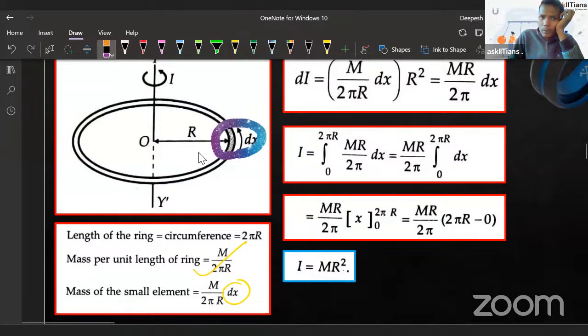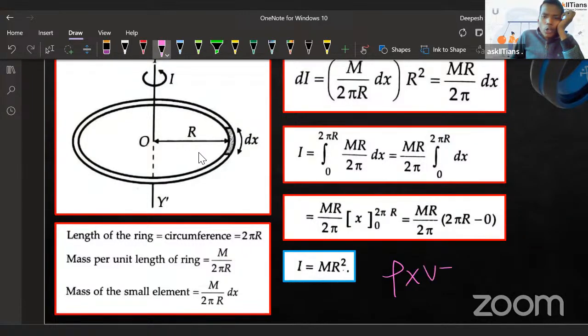Why? Just like density times volume gives mass, here it behaves like a linear density. If I multiply it with dx, I get the mass of this section.